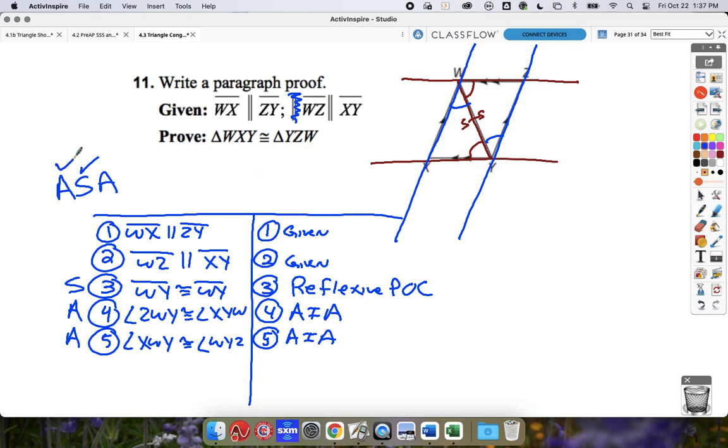That checks off the 2 missing A's that I have. I'm going to use the angle side angle shortcut, number 6, to prove that triangle WXY is congruent to triangle YZW. And the shortcut I'm using to justify that is angle side angle.